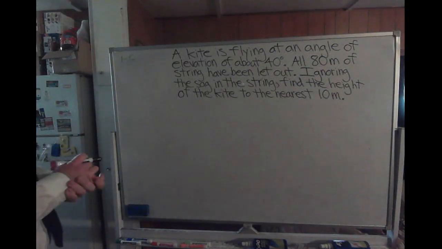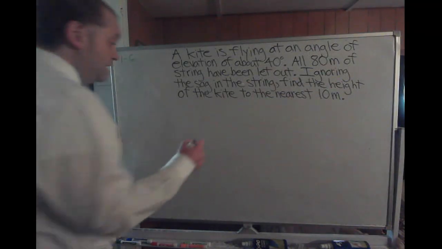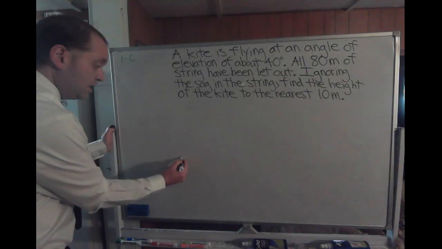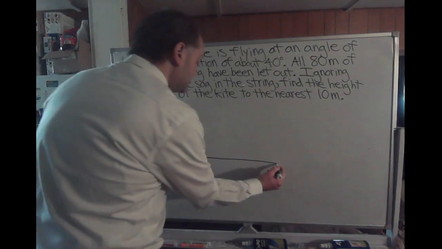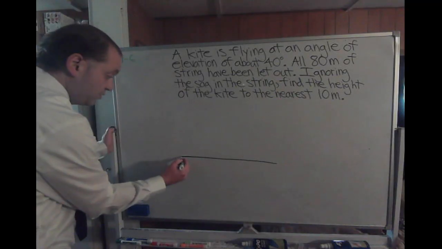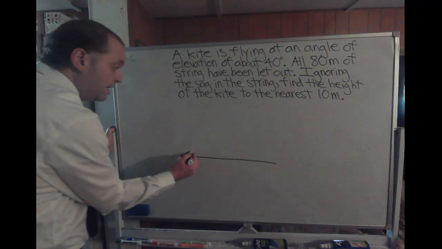Okay. So, you start on the ground, right? So, you're on the ground here for this. The kite originates, of course, from the ground. It's going to flow upward at an angle, right?